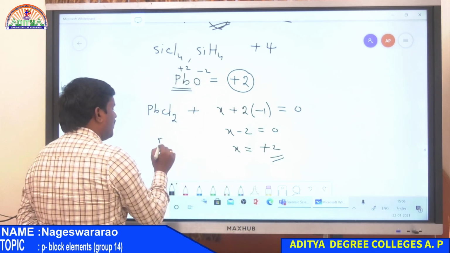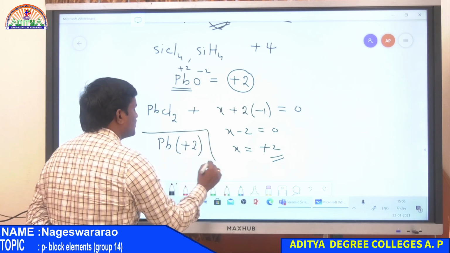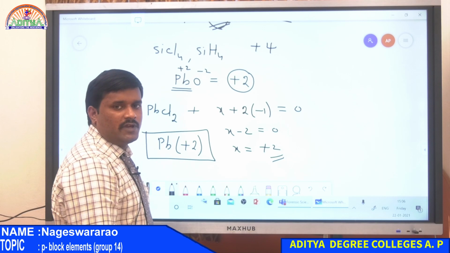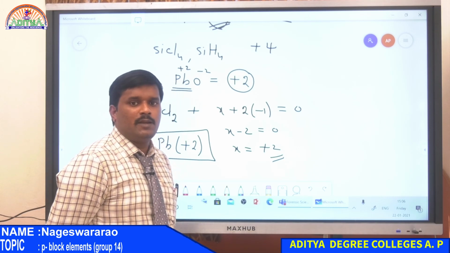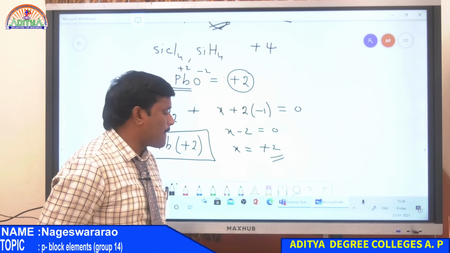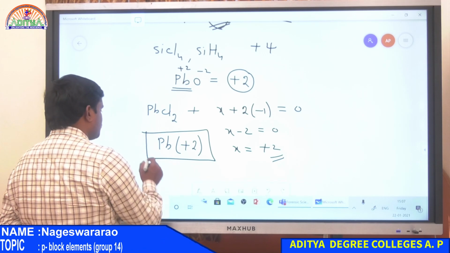Therefore, lead always forms a +2 oxidation state in its compounds, whereas carbon, silicon and sometimes germanium also form a +4 oxidation state. So this is about the oxidation number of the carbon family.